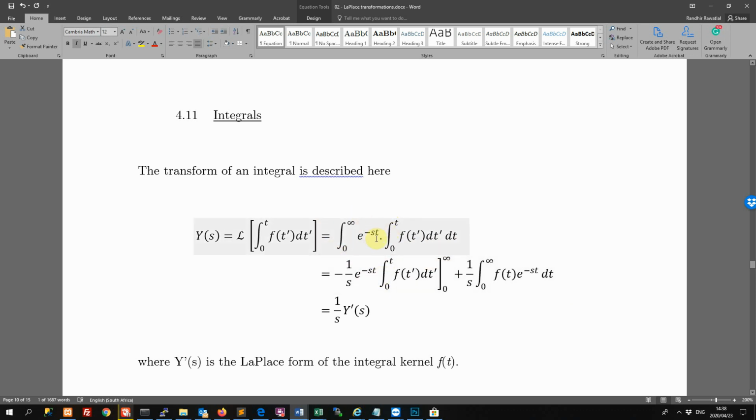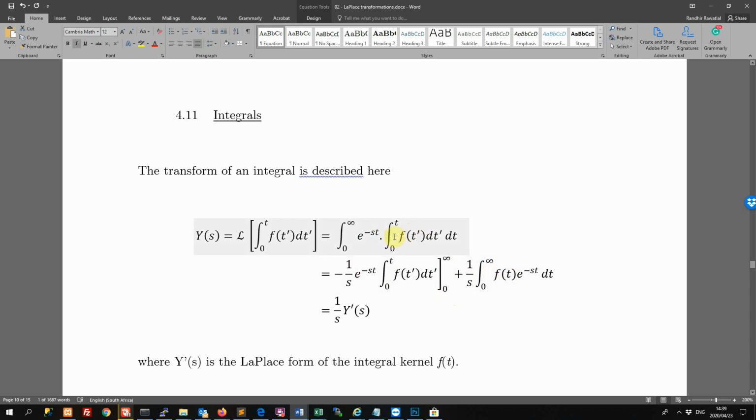So we do this integral, so it's minus 1 over s e to the minus st, and then the limits here 0 to infinity as usual. So that's the first term dealt with. And then for the second term, it's minus the integral of the derivative of the first function. So the derivative here is obviously f of t itself.